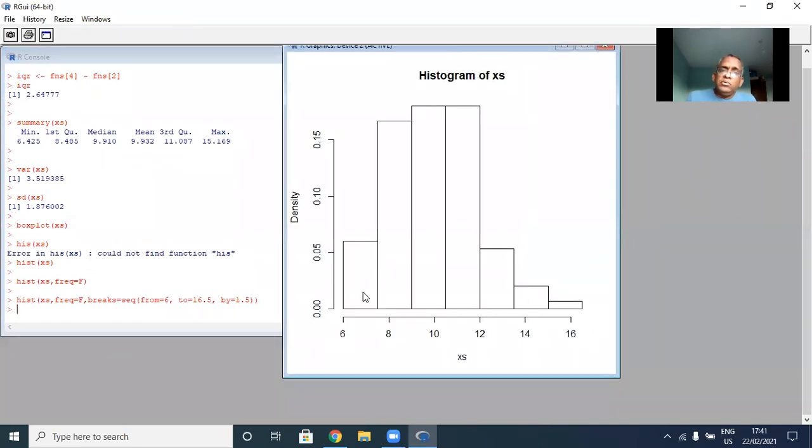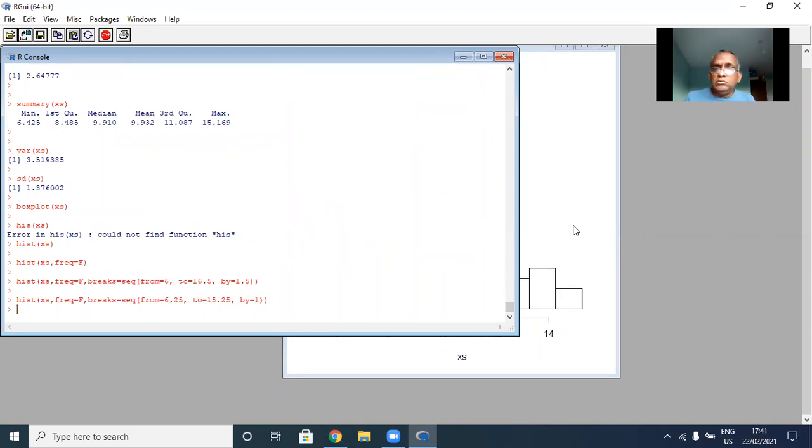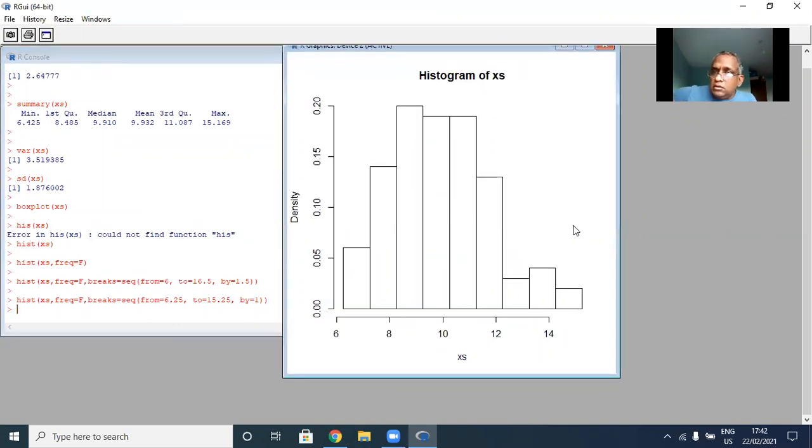The breaks on the x-axis are from 6 to 16.5, and the length of each bar is 1.5. You can choose any other numbers you want. If you want it to be from 6.25 to 15.25 in steps of 1, this is what you will get.